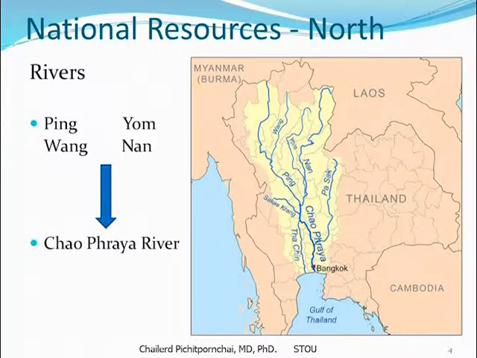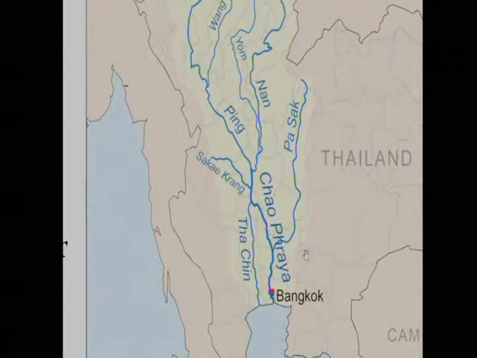If you look at the northern part of Thailand, you see that we have the Ping, Wang, Yom, and Nan, four big rivers coming down from the mountains in the northern part of Thailand. And they join to form the Chao Phraya River at Nakhon Sawan.